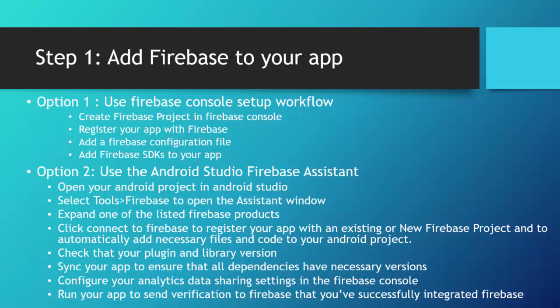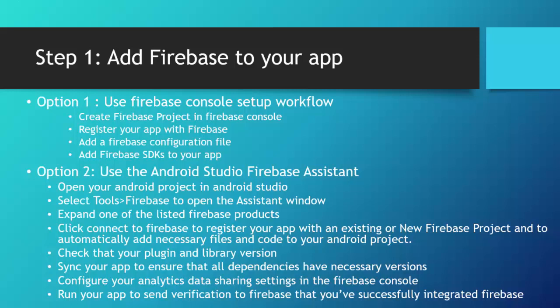Now we will see how to add ML Kit to your Firebase applications. You will see one application called text recognizer, and the first step is how to add Firebase to your app. There are two options to set up Firebase for your app. First one is using the Firebase console setup workflow, and second one is using the Android Studio Firebase Assistant.